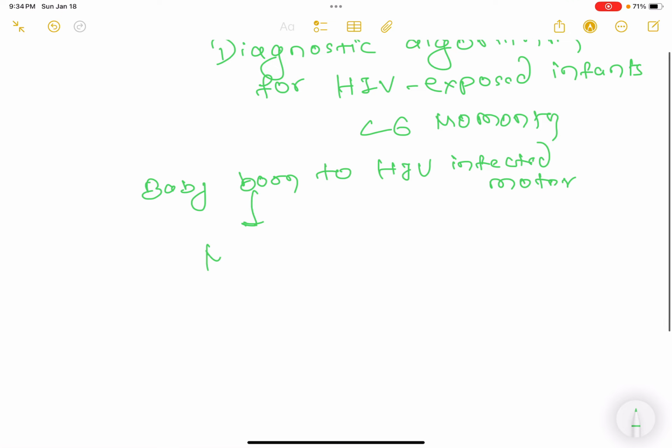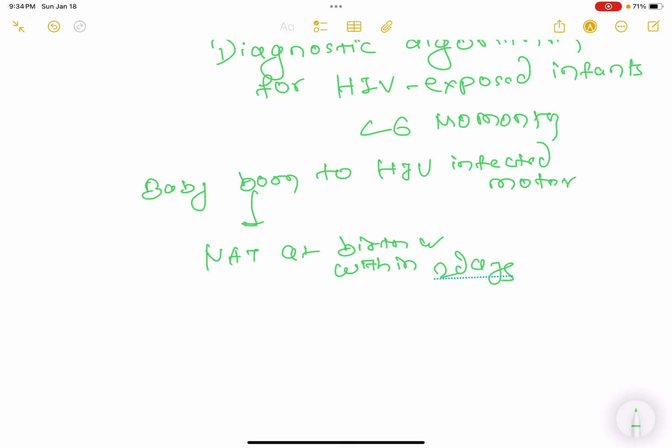Consider nucleic acid amplification test at birth or within 2 days of birth. Within 48 hours we have to do NAT, and as soon as possible start nevirapine.